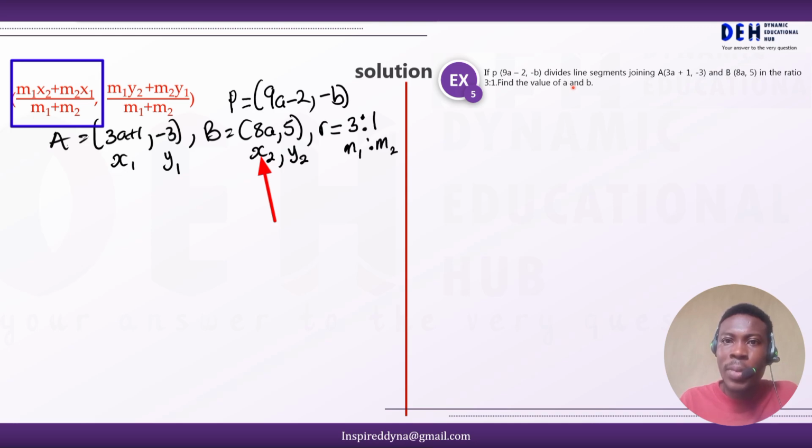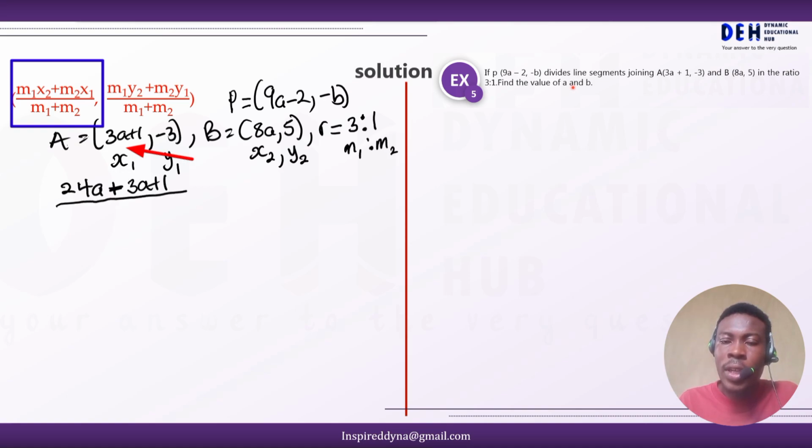So we have 3 multiplied by 8a, that's 24a, plus m2 x1. What is m2 here? We have 1. What is x1 here? We have 3a plus 1. So 1 multiplied by 3a plus 1 is still 3a plus 1.